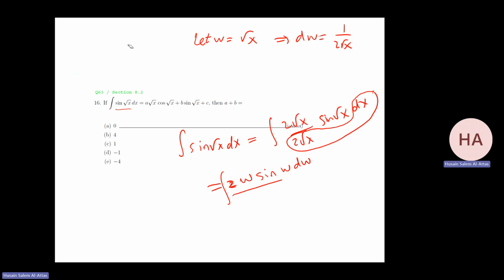So let me do it by parts. Let u equal w, dv will be sine w dw. So du equal to dw, and v will be minus cosine w. So that will be what? Minus 2w cosine w, minus integral of minus 2 cosine w dw.